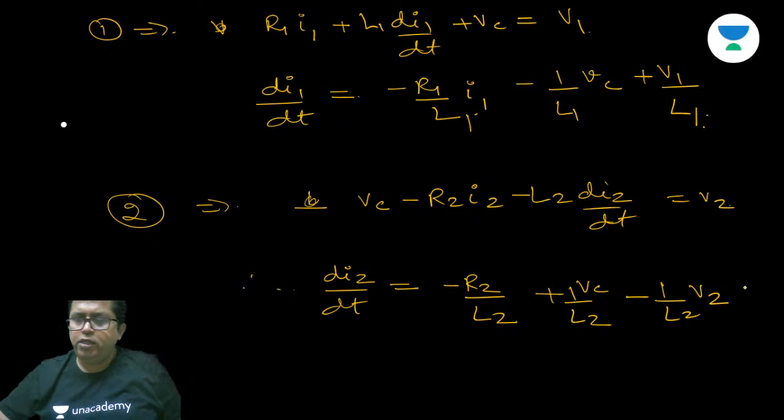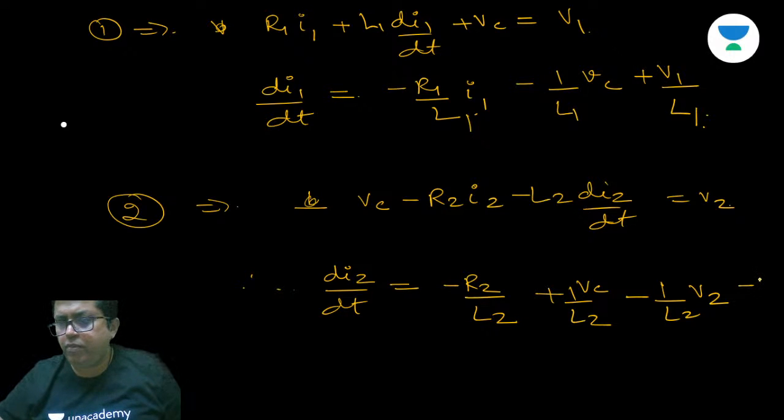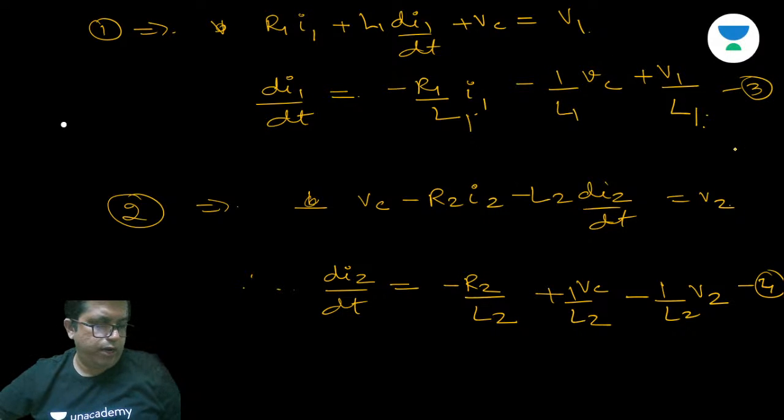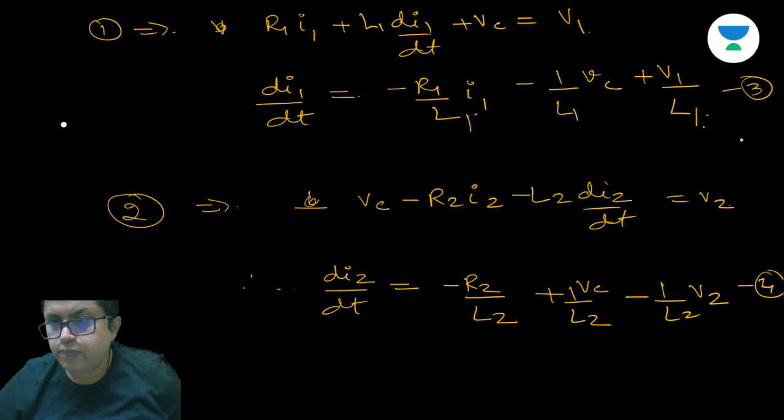Okay, so this is equation number 4. This is 3, 4 and 3. This is I2.